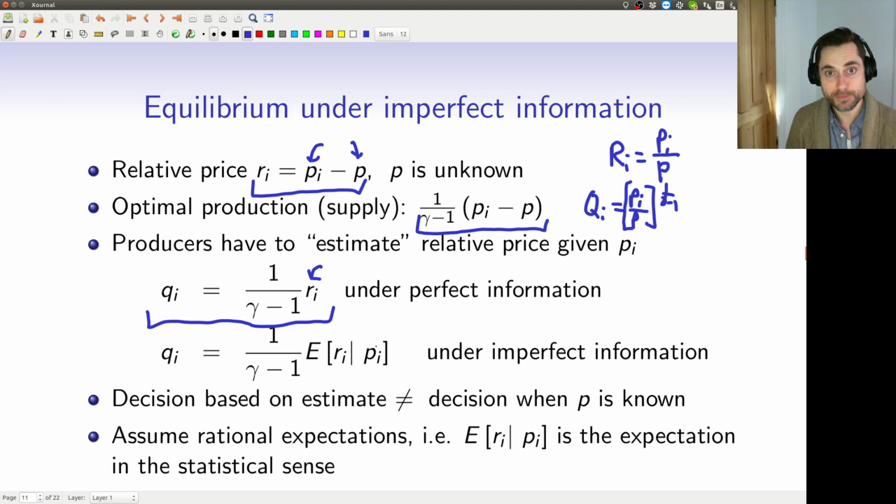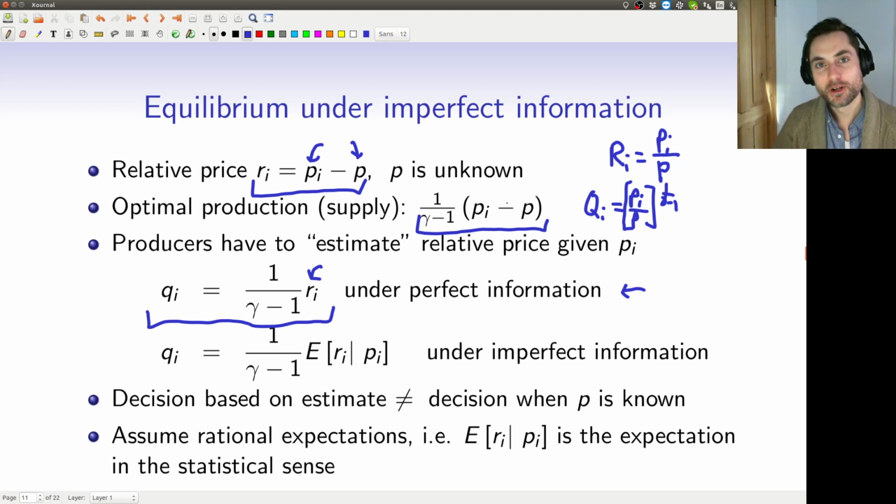They don't observe P. So what are they going to do? They're going to produce the expected version of this optimal supply equation: 1 divided by gamma minus 1 times the expectation of the relative price conditional on the observed own price. They don't observe the average price level.